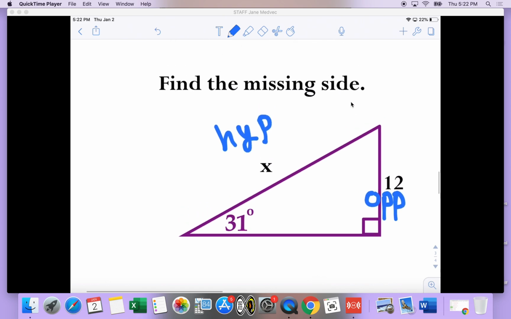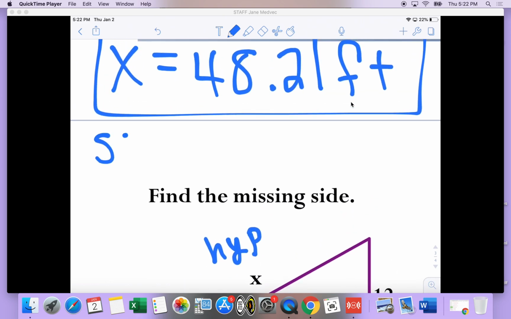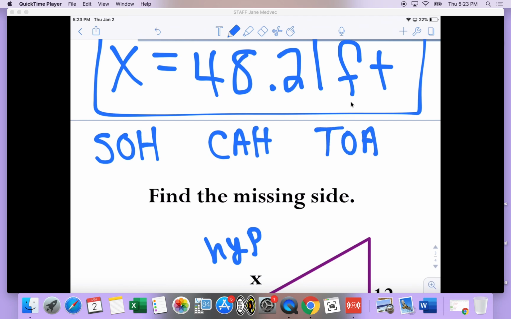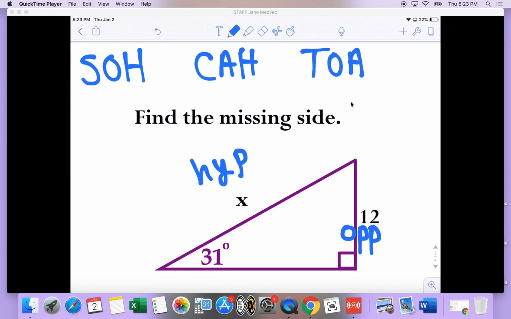So if I think about my trig, SOH CAH TOA, which one of these works with the opposite and the hypotenuse? That's right, sine. So I'm going to grab sine 31 equals the opposite over the hypotenuse, so my opposite is 12 over x.